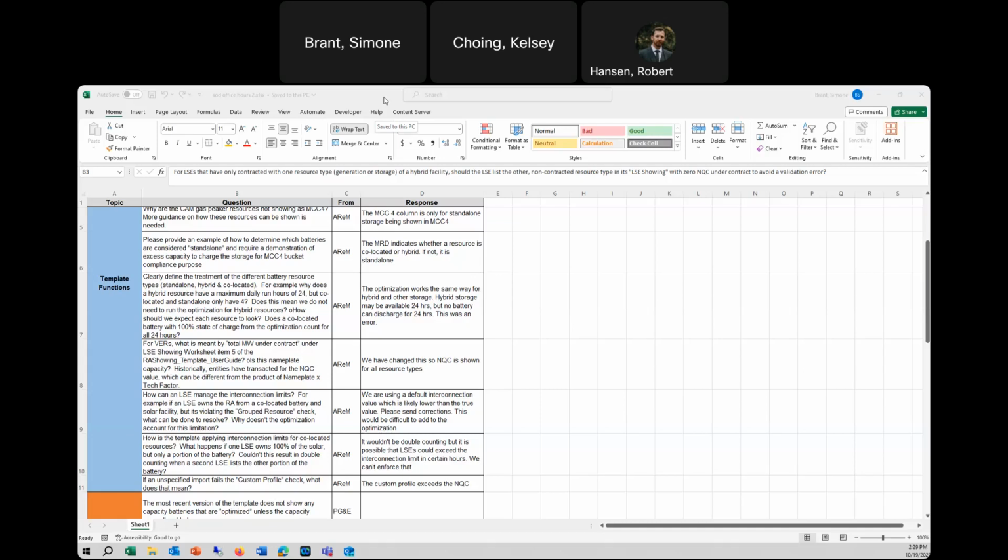So I guess in a situation, should an LSE be reporting the total more than the interconnection limit when they list the RA from the co-located battery and solar, or somehow allocate it to each facility to bring it in under the interconnection limit?